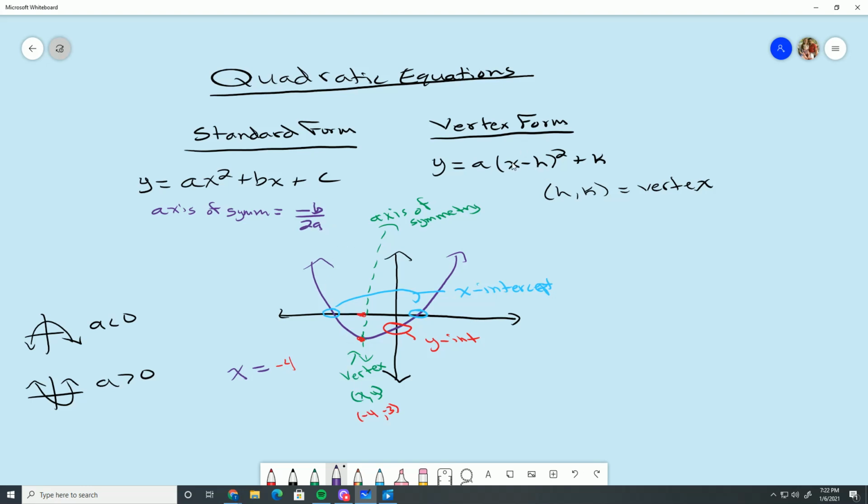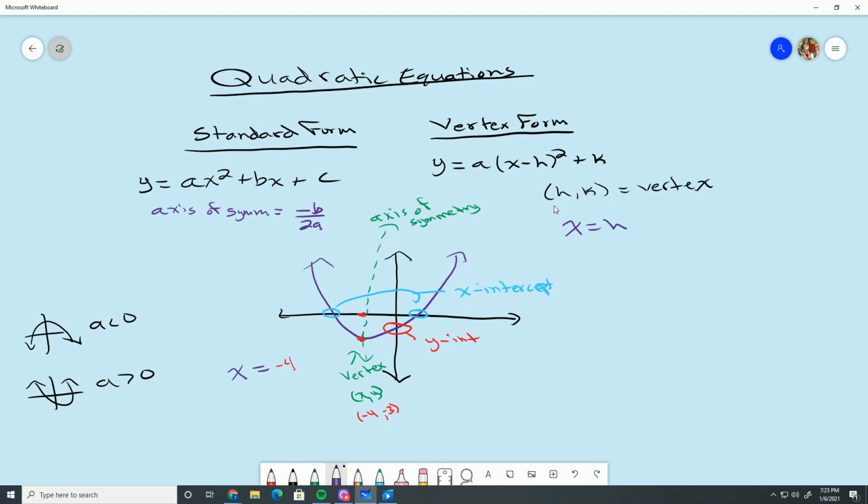So here, this gives you the vertex just straight from this form. This does not give you the vertex straight from the form. But notice you have an A, a B, and a C, and you can use those pieces to find the information that you need. Over here, technically, you can get the axis of symmetry from vertex form as well. It would be just x equals h.